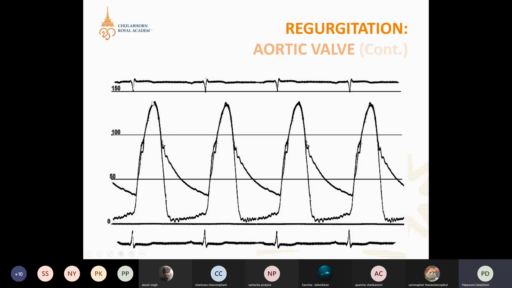This is a sign of aortic valve regurgitation, wide pulse pressure. Okay.